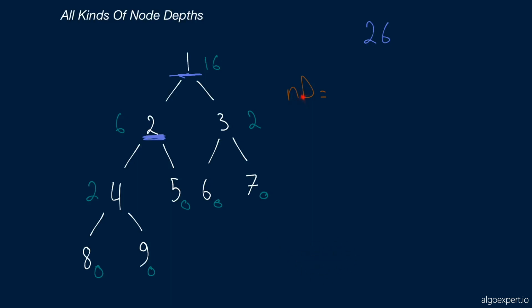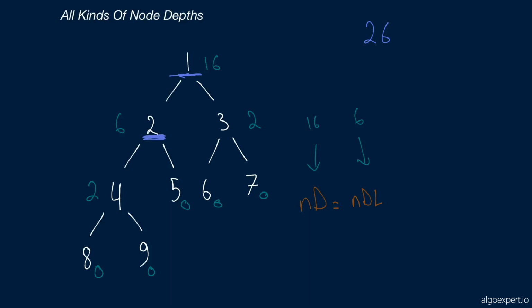So what was ND? It was equal to NDL. I'll call NDL the node depths of the left subtree, which was 6. We'll put the arrow above. So in green, this here is 6. This here is 16.